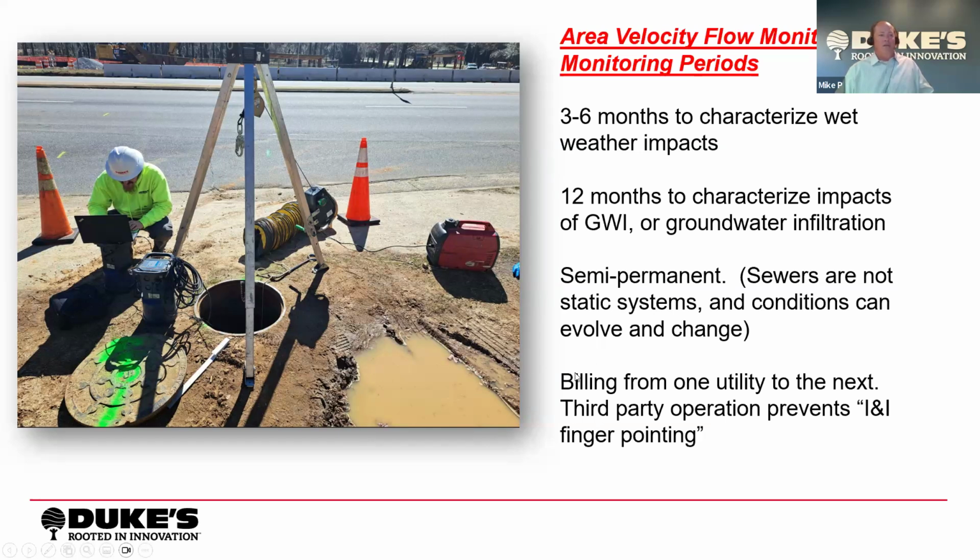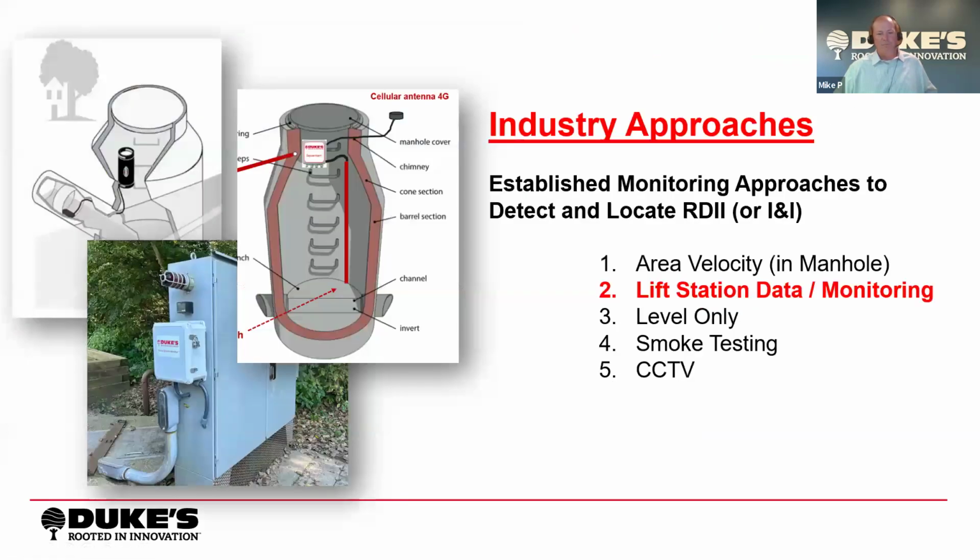And then the last point here, billing from one utility to the next, where one utility owns the wastewater treatment system, one just owns a collection system, and they have an agreement to transfer the wastewater. In that case, I've been a part in my career of what I term I&I finger pointing, which is one utility thinks it's coming from the other. So third party finger pointing is part of it.